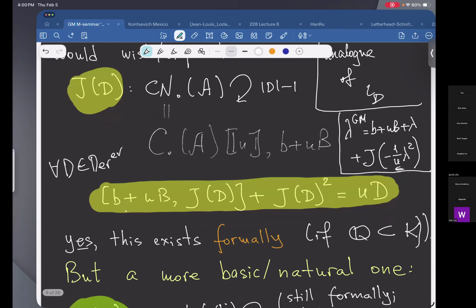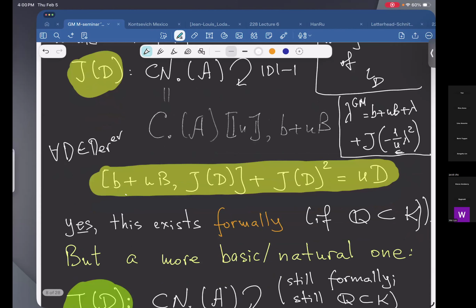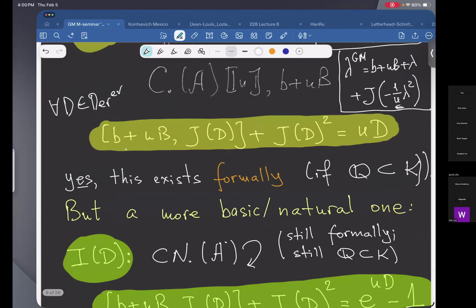And yes, I will have it, again, a bit formally, because, no, I'm sorry. No, this exists not, let me think. No, yeah, this is some formal expression, some infinite series in D, not in U, but in D. Okay, yes, it exists. But this is not the basic thing that exists.